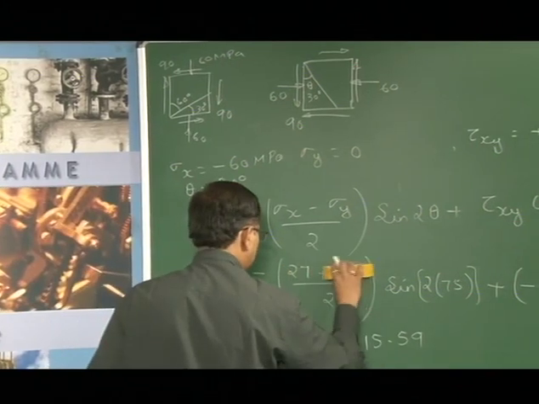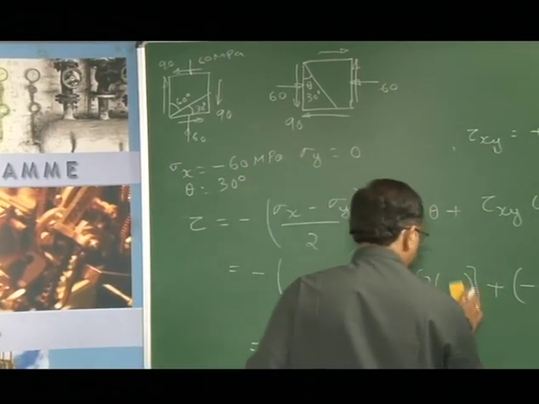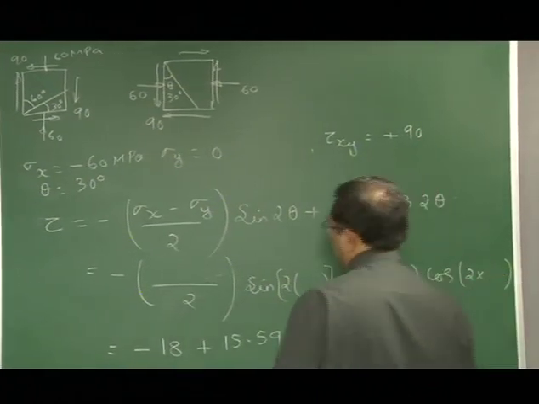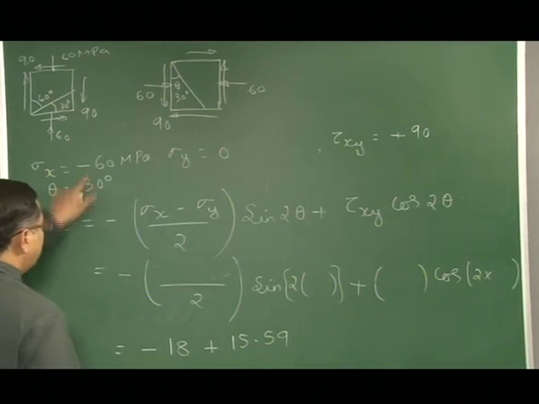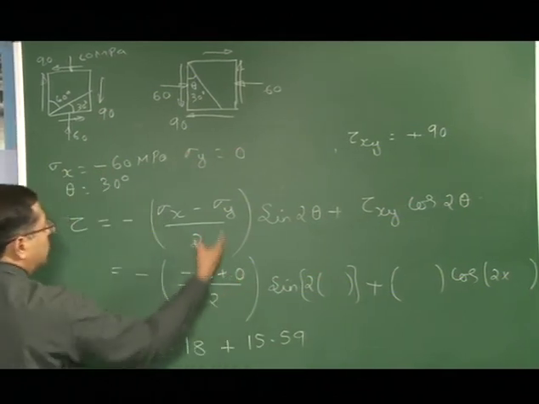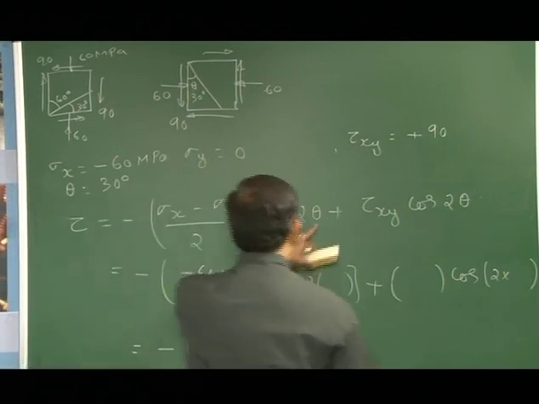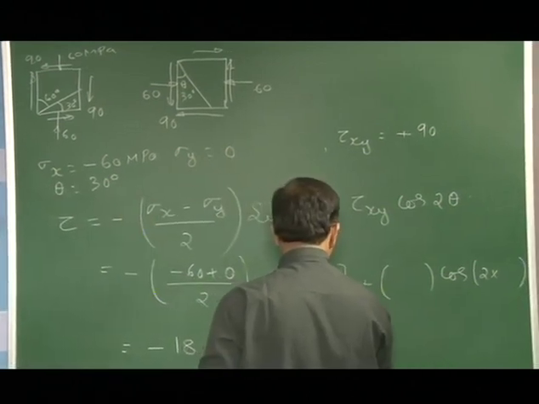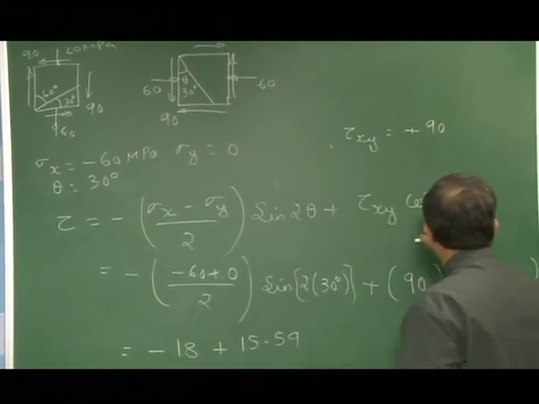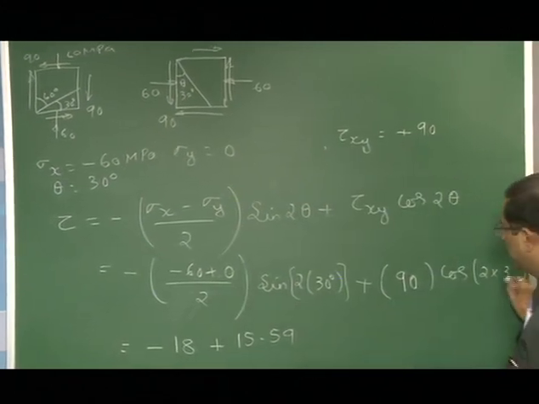So I will erase this and see what we are going to get. So sigma x is negative, so it is minus 60, sigma y is 0. Then here theta is 30 degrees, so I will substitute this as 30, plus tau xy, we have got it as positive, which is 90, and cos 2 theta, again theta is 30 degrees.